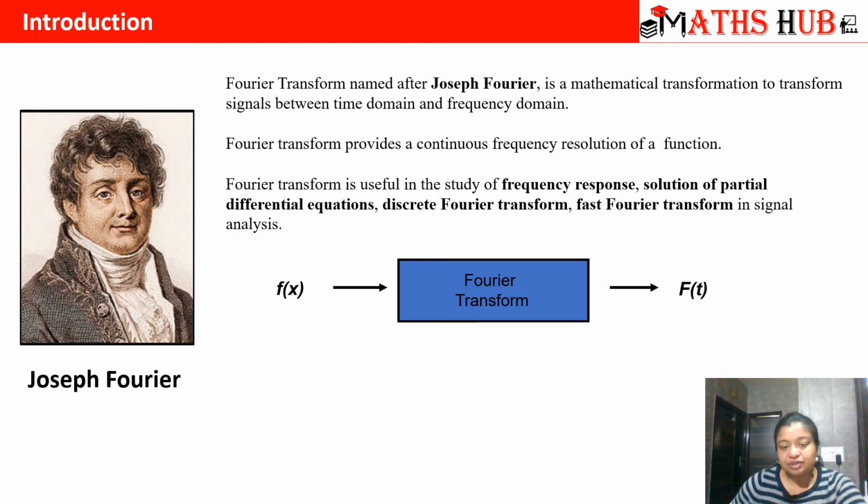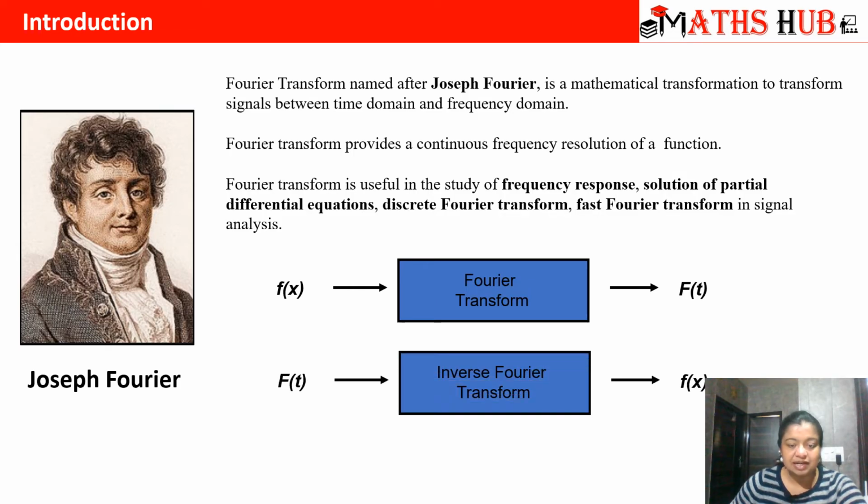Similarly, if the function f(t) is given to us and we apply another tool, known as the inverse Fourier transform, then we get back the function f(x), right? So we can say that it is a mathematical tool that helps to break a waveform into a sum of sinusoidal functions.